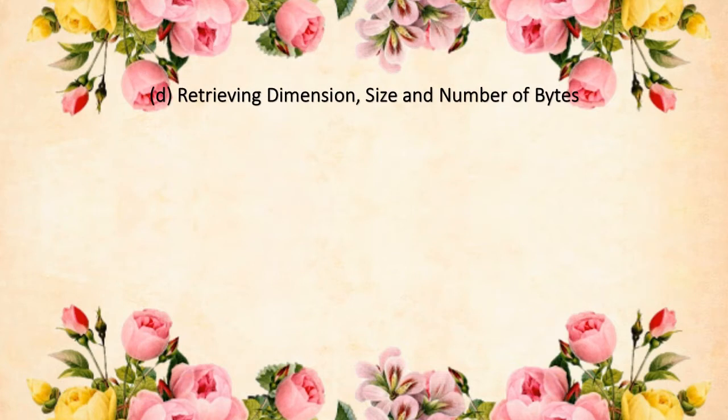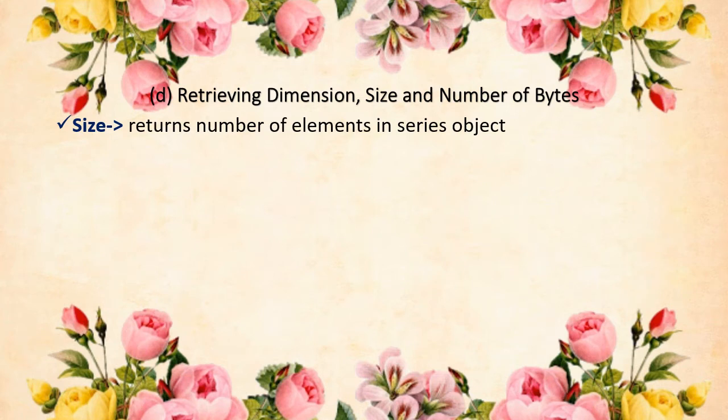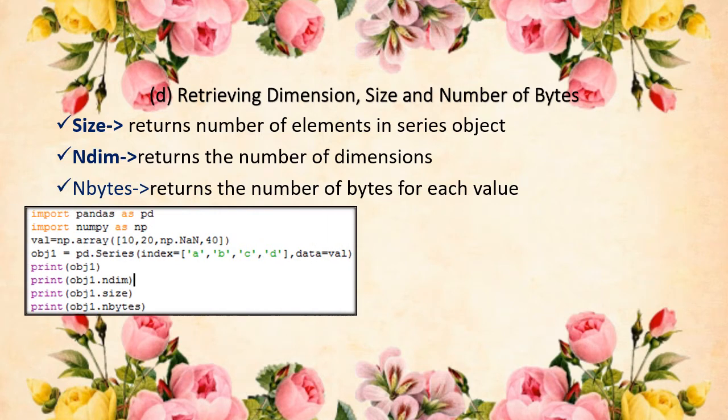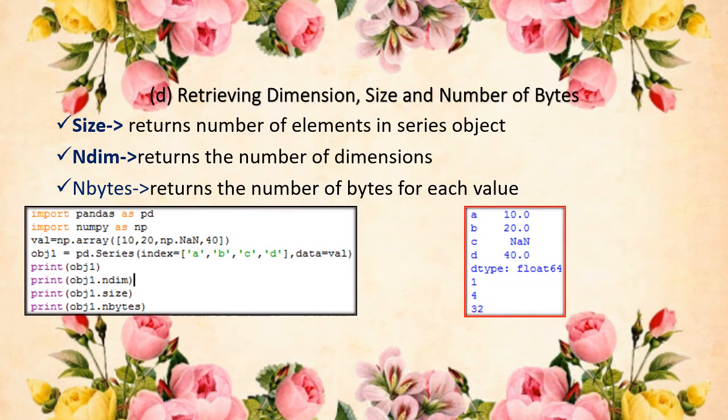And next, using the ndim, size and nbytes attributes. Size returns the number of elements, similar to shape, ndim is the number of dimensions, a series is always one dimensional, and nbytes means how many bytes are allocated for each element. See here, index a b c d, and data 10 20 not a number 40. ndim displays 1, because a series is always one dimensional.